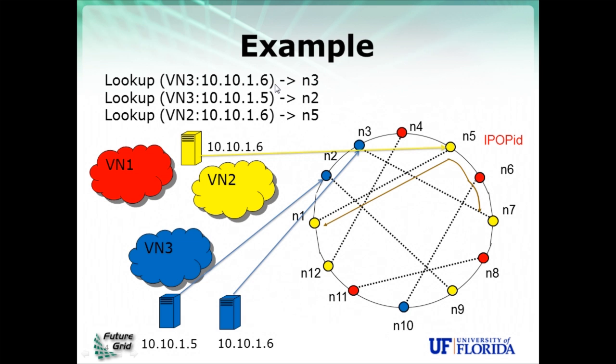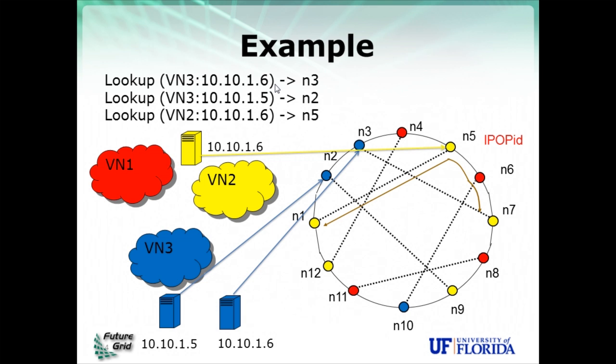And this lookup should yield the value N3, which is the IPOP identifier bound to the machine with that IP address on that namespace. And conversely, if 10.10.1.6 wants to communicate with 10.10.1.5, it looks up an address based on the virtual network's namespace and the IP address.